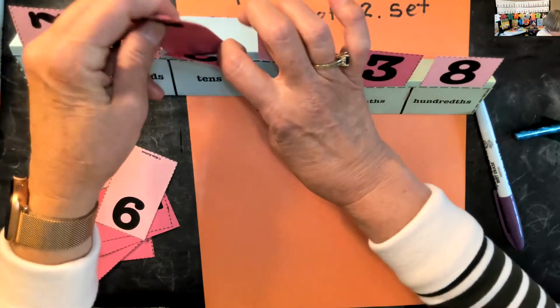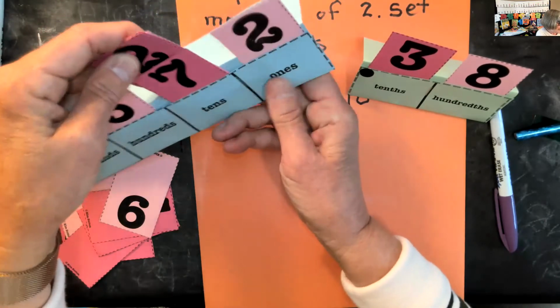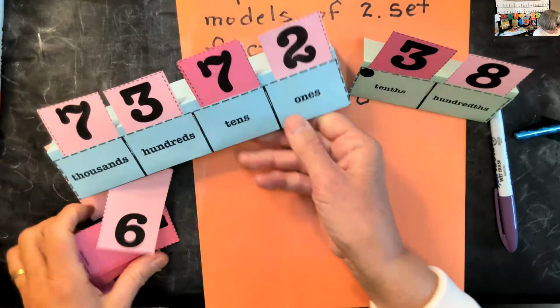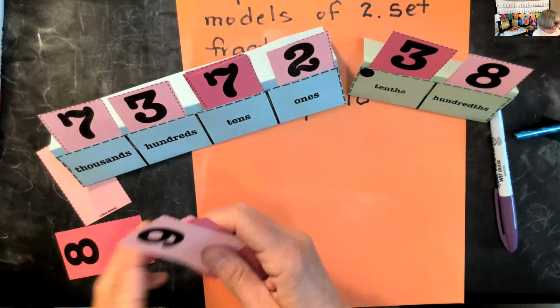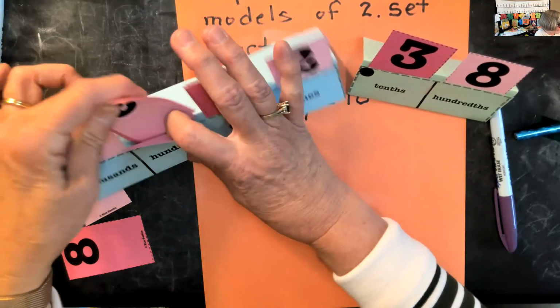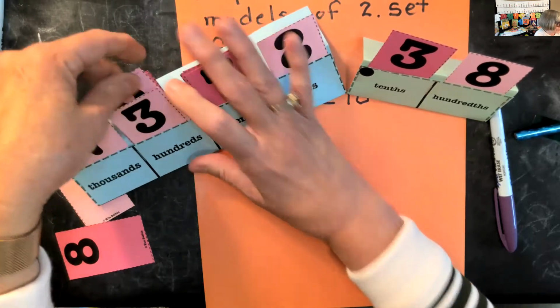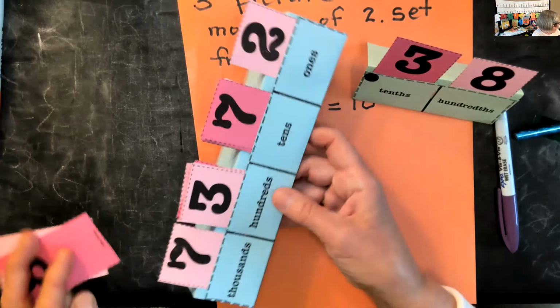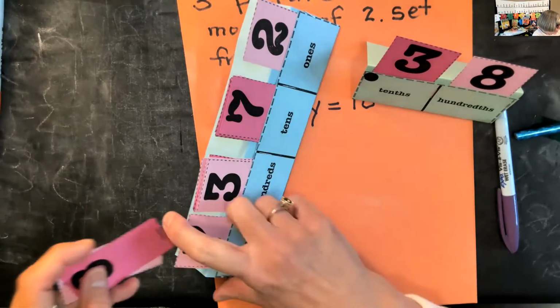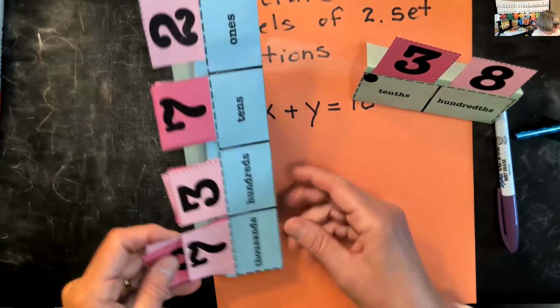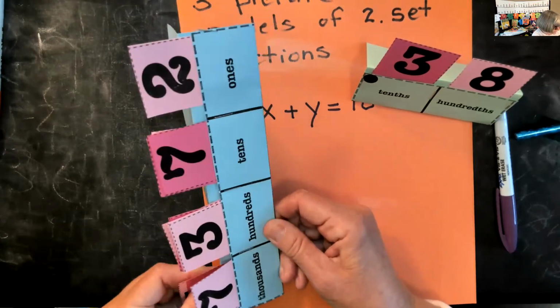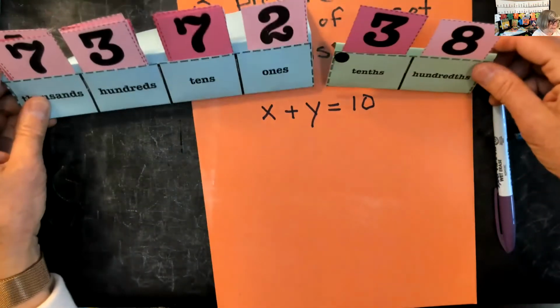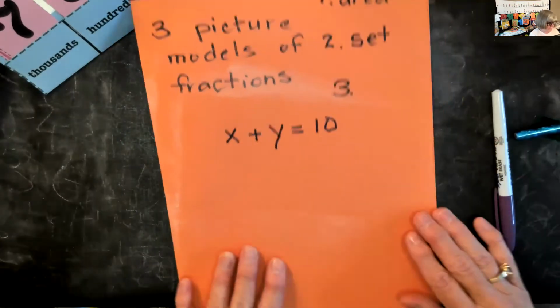Now take your extra digit cards and just tuck them behind the digit cards that are in place. As I give clues, you can change your number. So far, we have a set of clues for the whole number, and we have a set of clues for our decimal.